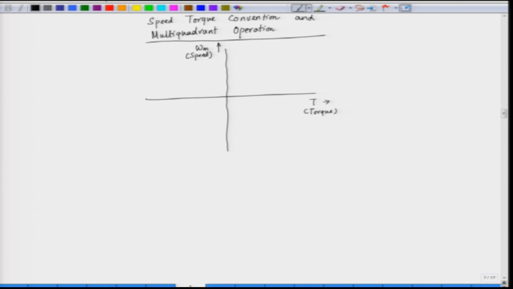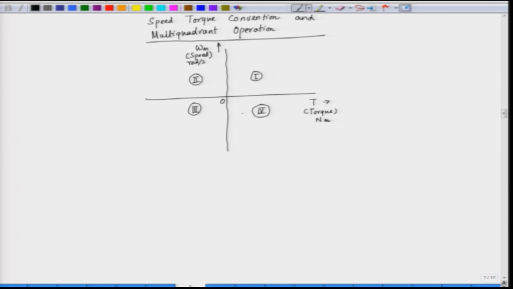In the SI system, we represent speed in radian per second, and torque in SI unit is represented in Newton meter. This is the origin here. So, this is quadrant 1, we have the xy plane, this is quadrant 2, the second quadrant, we have quadrant 3, and we have quadrant 4.